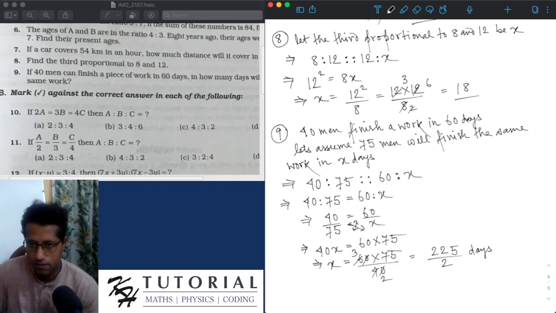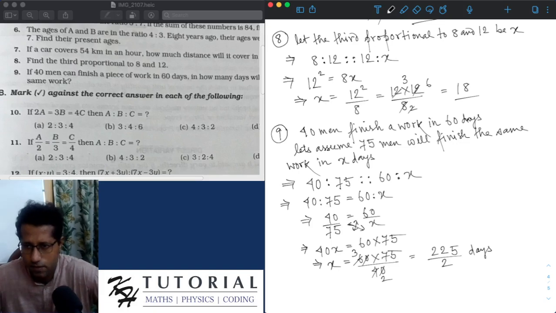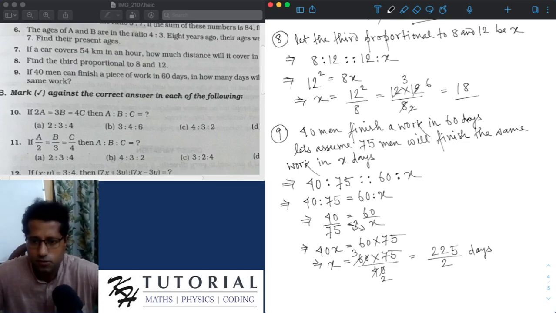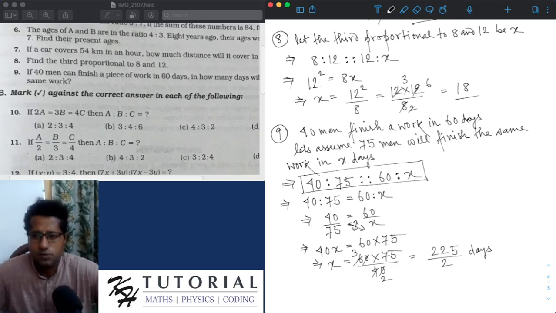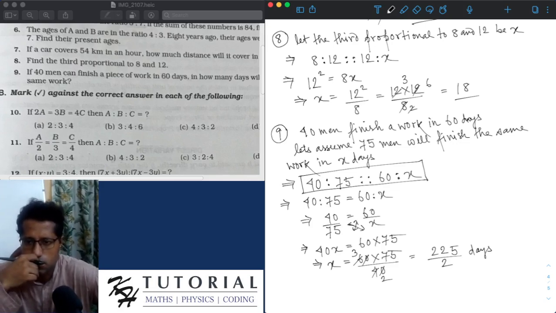The fact given is that 40 men finish the work in 60 days, so definitely 75 men will finish the work in less than 60 days, and our answer came out to be 225 by 2, which is more than 60. So this proportion that we have assumed is wrong.